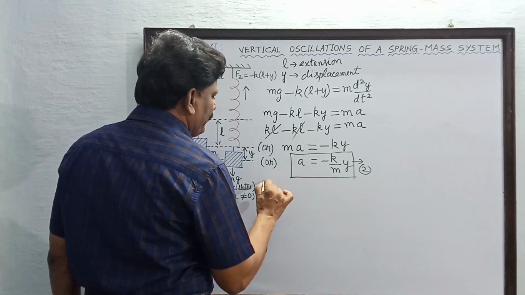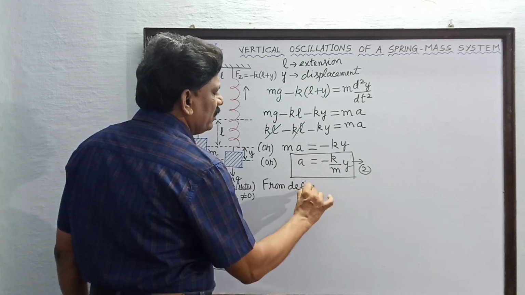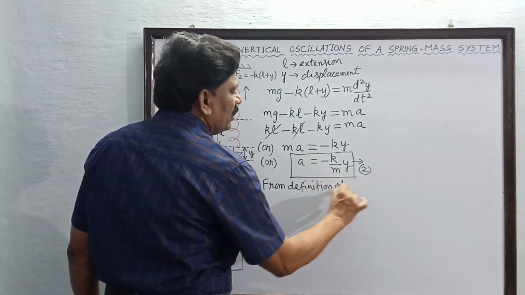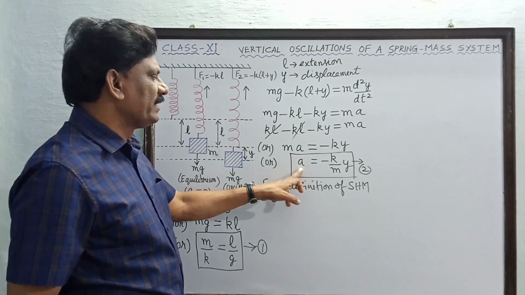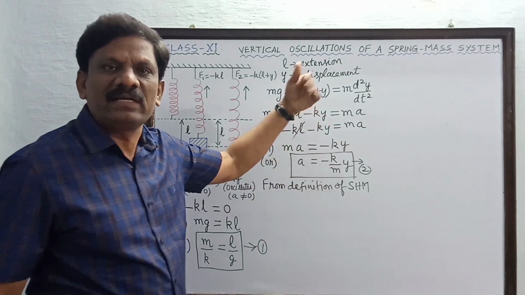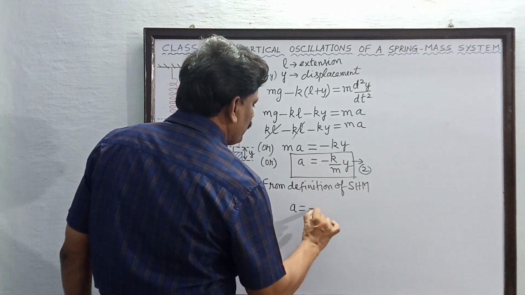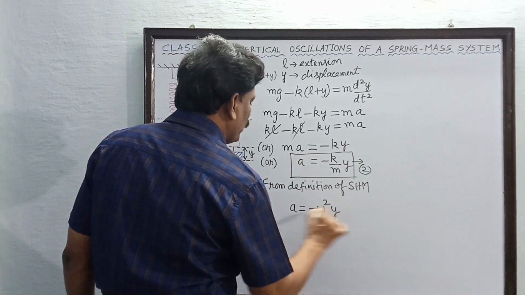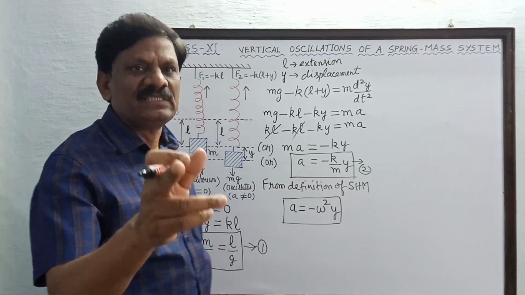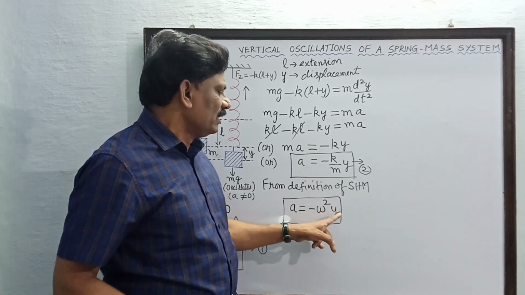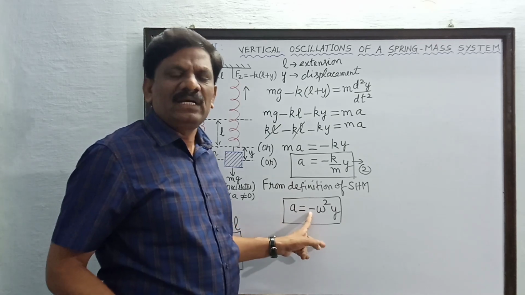From the definition of SHM, the acceleration must be equal to minus omega square times y, is it not? So this is a is equal to minus omega square times y, because we have defined SHM as a type of motion in which the acceleration of a body is directly proportional to the displacement, but oppositely directed.